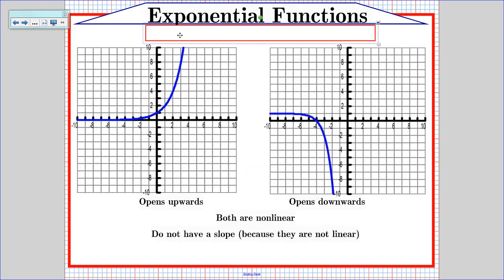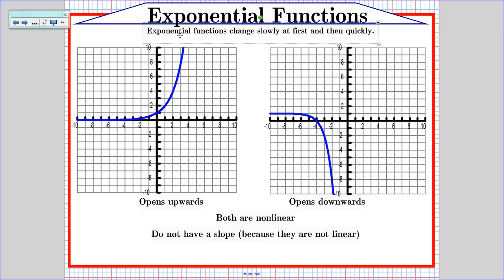All right, finally, the exponential function. The exponential function changes slowly at first and then quickly. So if it opens upwards, it increases slowly at first and then quickly. If it opens downwards, it decreases slowly at first and then quickly.